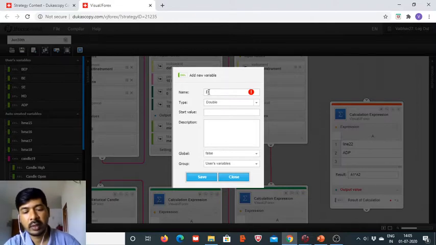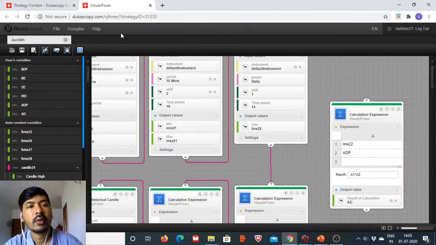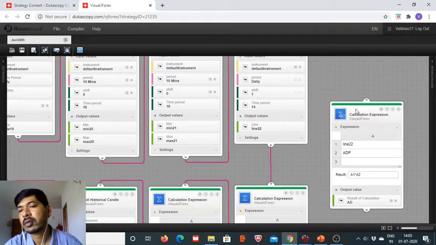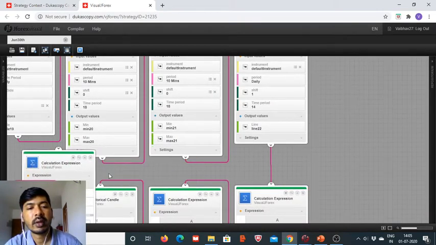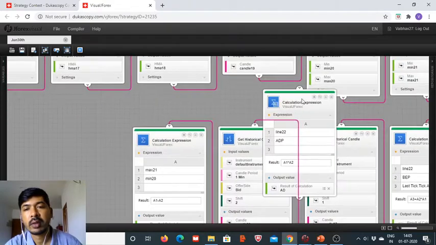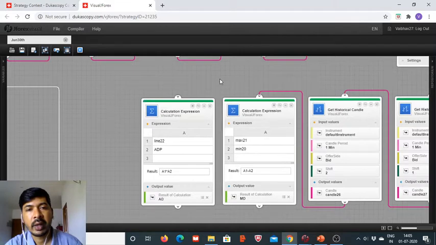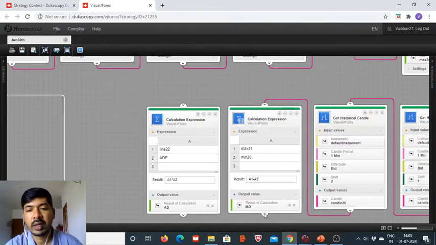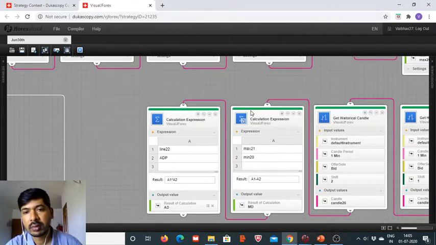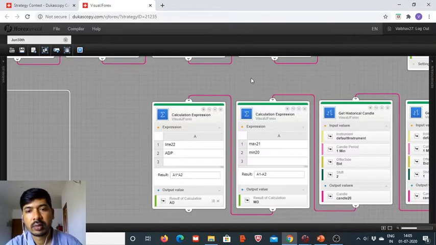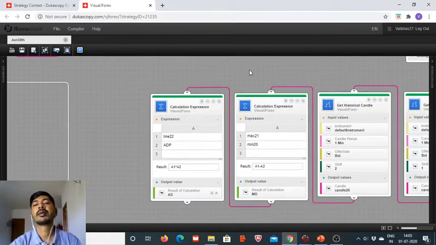Okay, ATR difference AD, and here we place it right after the difference we have calculated for the min max.